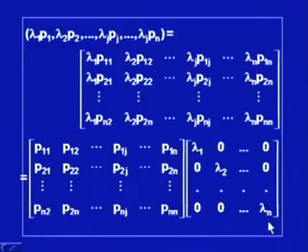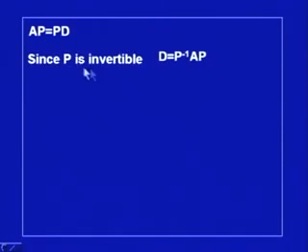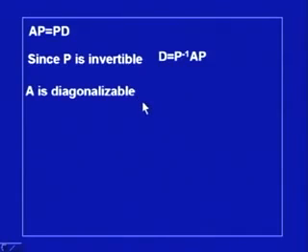So, actually we are retracing the steps we did in the forward part. So, this product is equal to PD. So, we have AP is equal to PD, and from here, since P is invertible, we can write D is equal to P inverse AP. So, we started with n independent eigenvectors, and we could prove that the matrix A is similar to D, and that proves that A is diagonalizable.